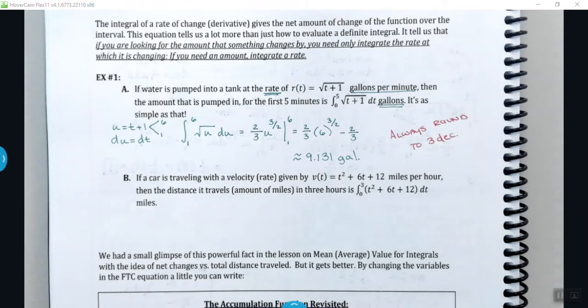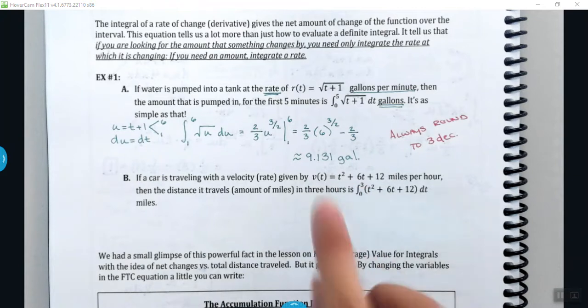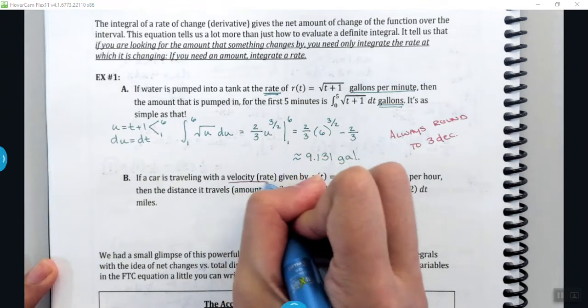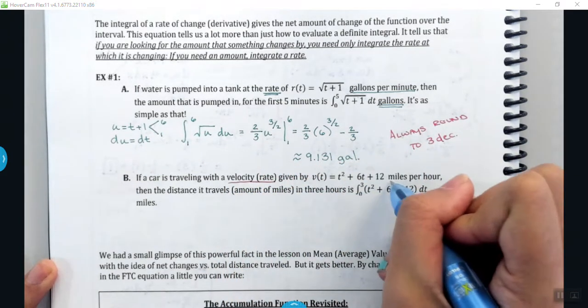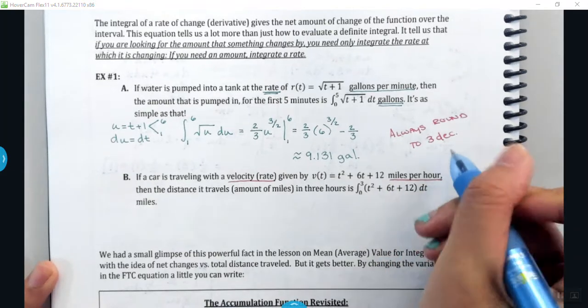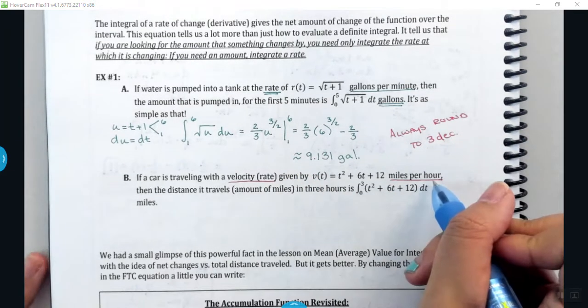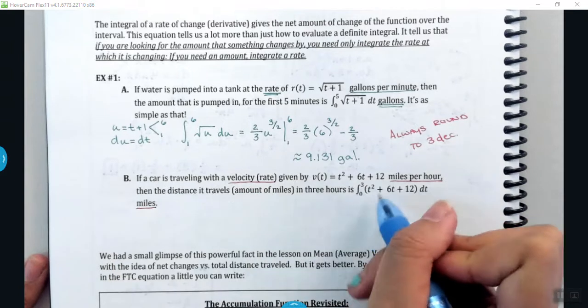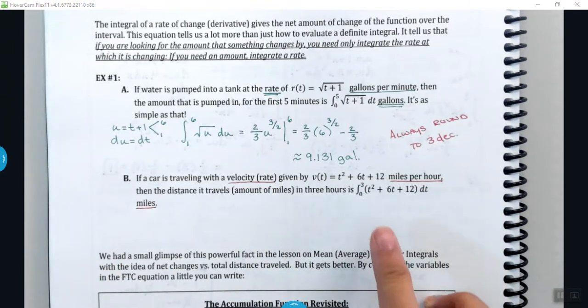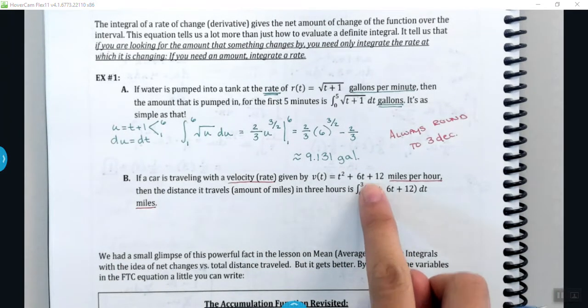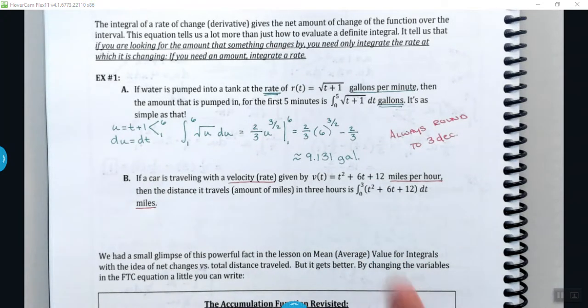Okay, got it? All right, this one, they're giving you a rate. The velocity is the rate, and that's in miles per hour. So if you integrate the miles per hour, then you end back at miles. So this would tell us how far we traveled from 0 to 3 hours.